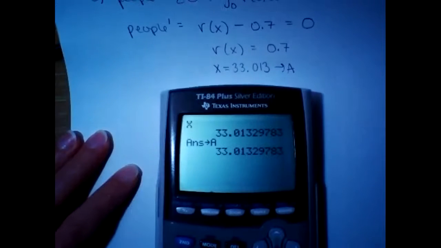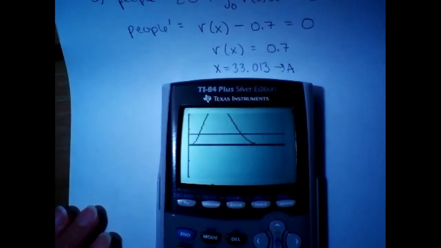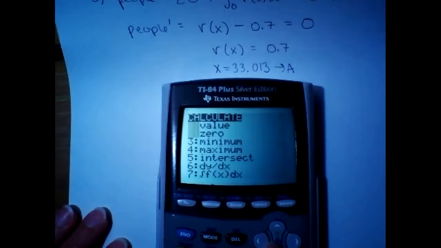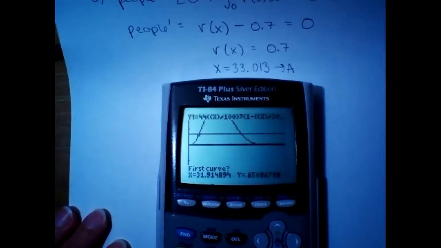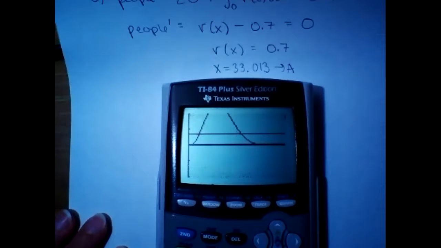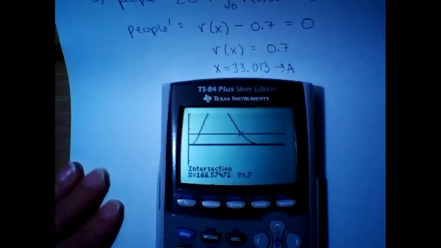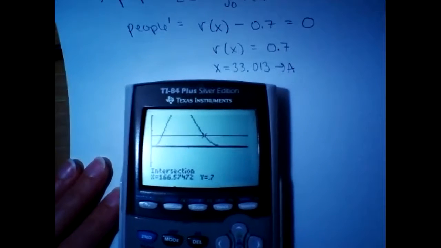And now I'm going to go back and calculate the other one. So I'm going to go back to the graph, calculate intersection, first curve, second curve, and then guess. I'm just going to move the cursor over to the other one, and it'll give me that one instead. So 166.574.